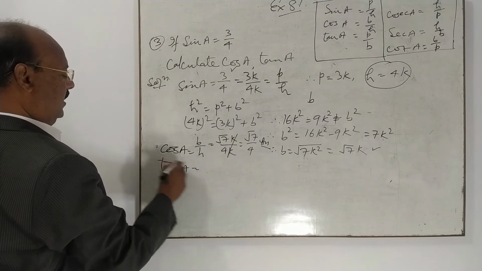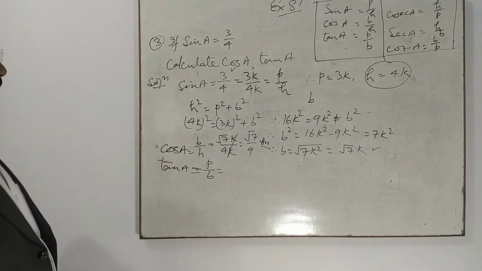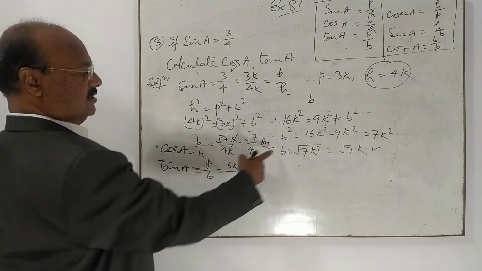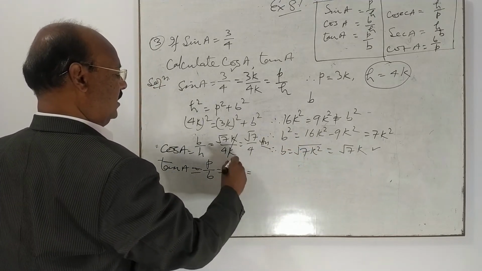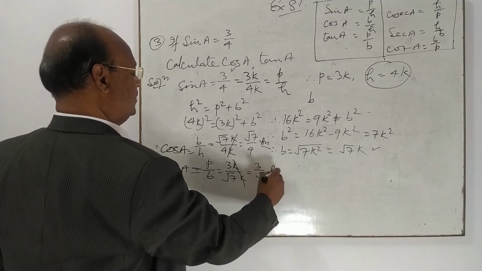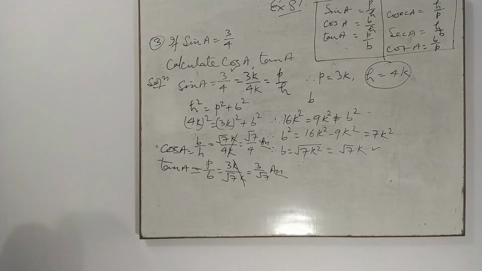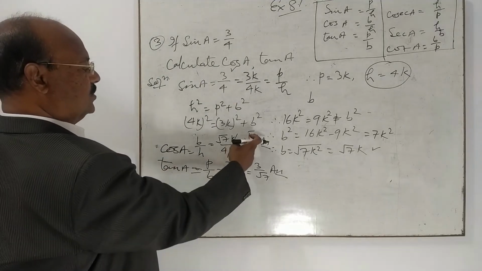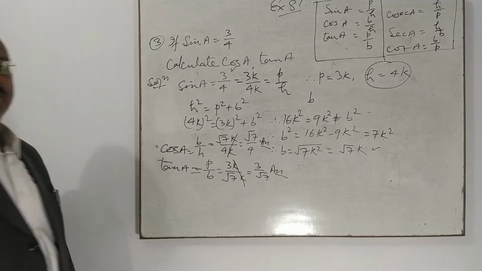You know, tan A is perpendicular by base, and perpendicular is 3k, and base we have just calculated as root 7 into k. k will be cancelled out. This is 3 by root 7. This is the value of tan A. So we calculated cos A and tan A. Cos A is root 7 by 4 and tan A is 3 by root 7.